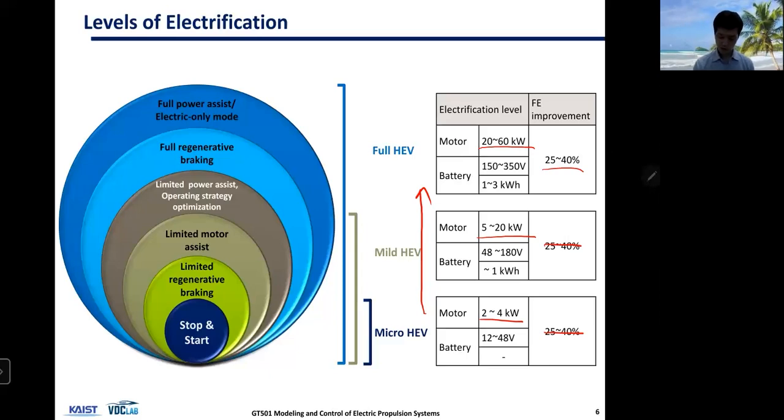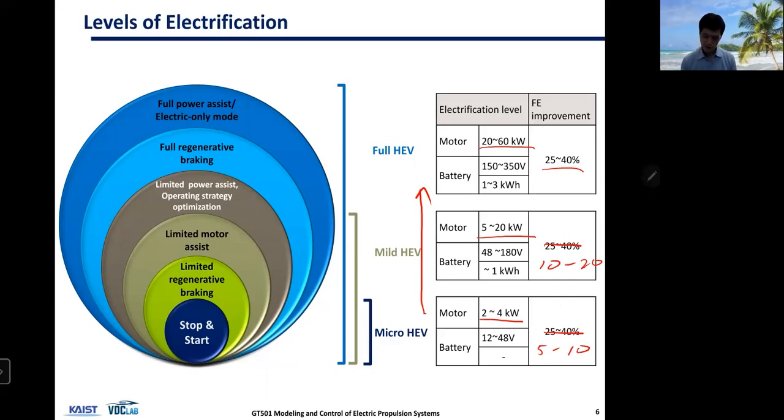But as you go lower, with smaller, lower electrification, such as mild hybrid and micro hybrid, you are looking at lower level fuel economy improvement. So usually 10 to say 20, 25 percent. Micro hybrids, 5 to 10% fuel economy improvement.